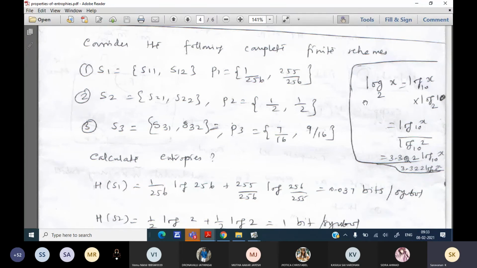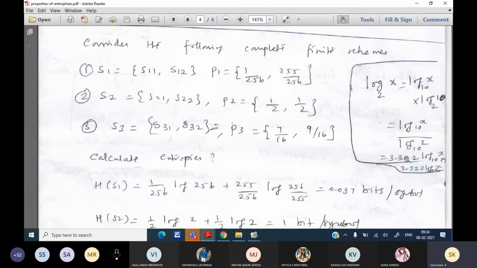I hope everybody knows this formula: log x base 2 is equal to log x base 10 into log 10 base 2. So I want to find out this value using a calculator. If you take log x base 10 and multiply that by 3.322, you will get log x base 2.